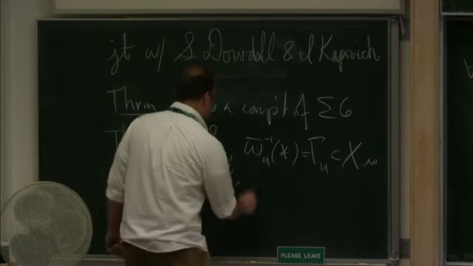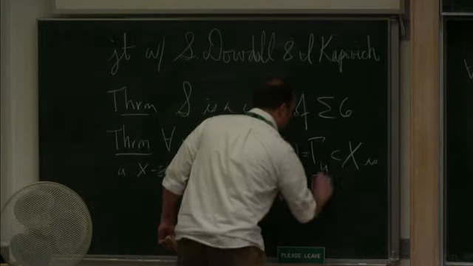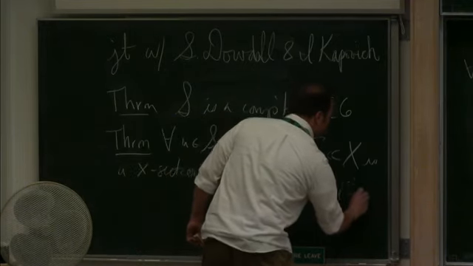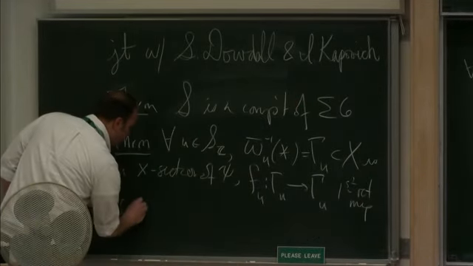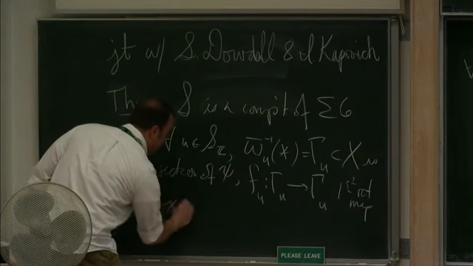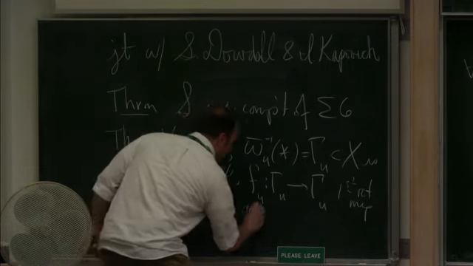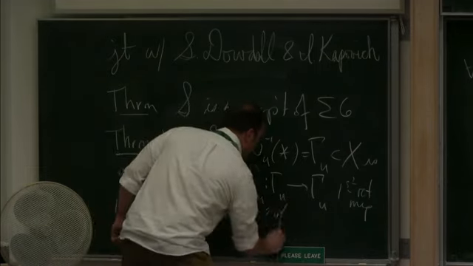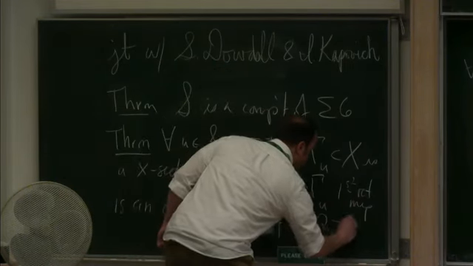And the first return map, call it f sub u, from gamma u to gamma u, is an expanding irreducible train track "representative" of this monodromy phi u from Q u to Q u.